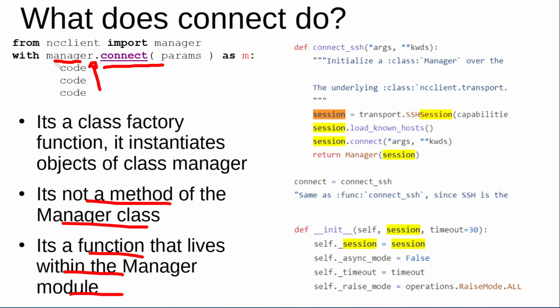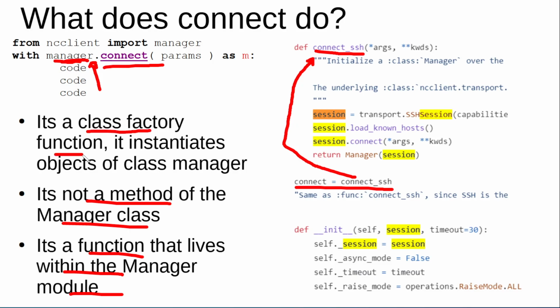So you are indicating the module and then a function that you want to work with. It is actually an alias. If you see the actual code within the manager module, the connect function is an alias that points to connect_ssh. So you are actually using this function, and this function is known as a class factory function.